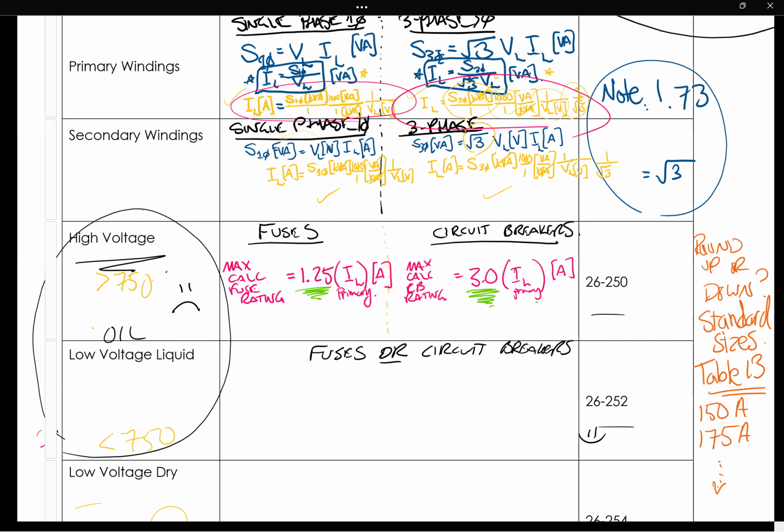Actually, most of the time you see round down, but you know that there is a provision in Rule 26.250 that says that you can round up. So here's the problem. 26.250 provision 2, subsection 2 says you can round up. Cool. So you're going to round down.